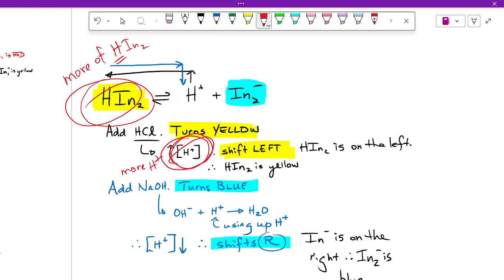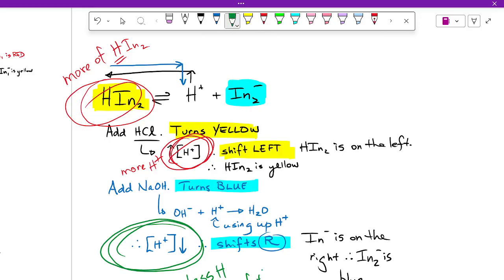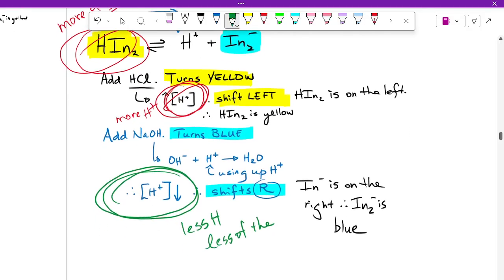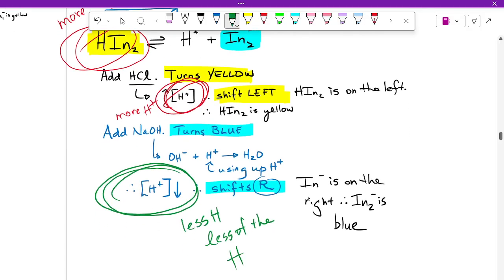And if I've got less H, I'm going to have less of the H species. And that's going to mean more of the IN minus.